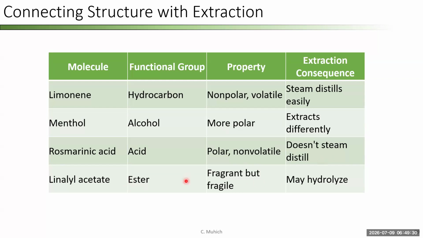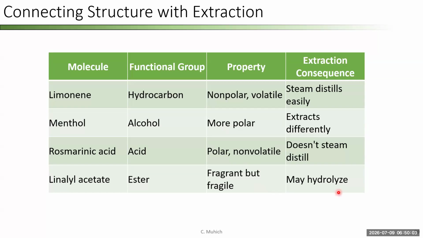And then these esters, while they are fragrant and volatile, they're fragile, and so if we were to steam distill them, we're more likely to have them break apart and get off notes in our distillate. Same thing if we expose them to highly active solvents, such as water.